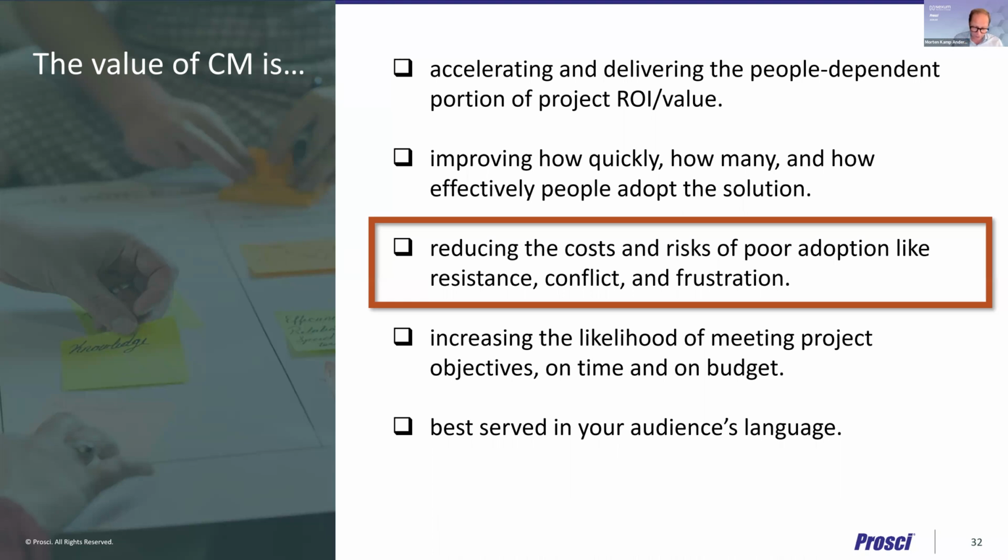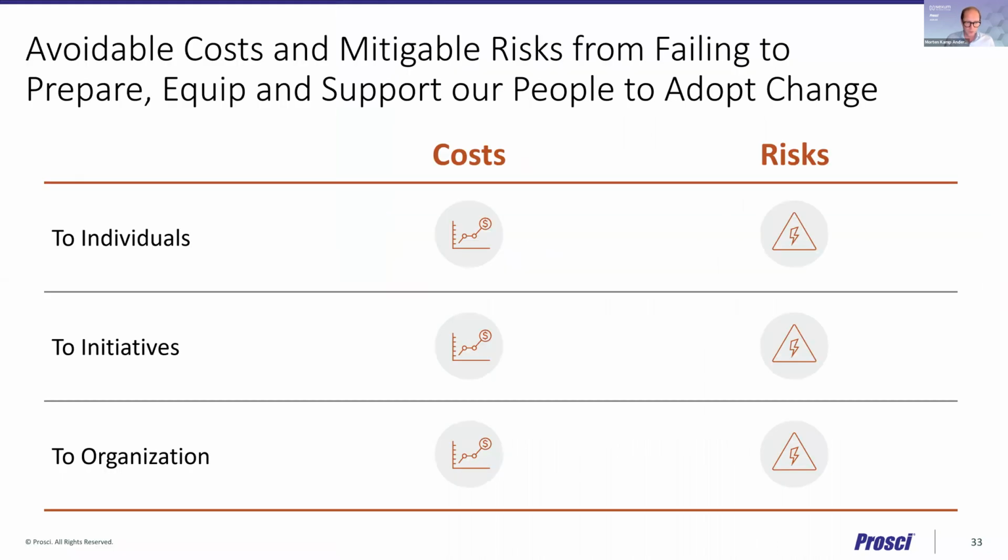Okay, that was our second. The third is change management is reducing the cost and the risk of poor adoption. And there are going to be a lot of examples of costs and risks of poor adoption and usage of the solution. We find that there are both costs and risks at various levels within the organization.